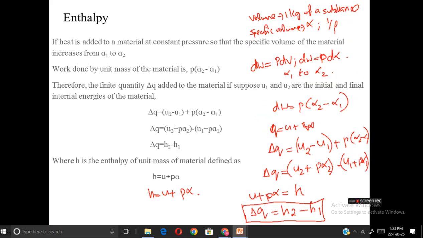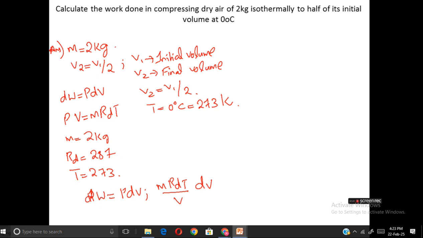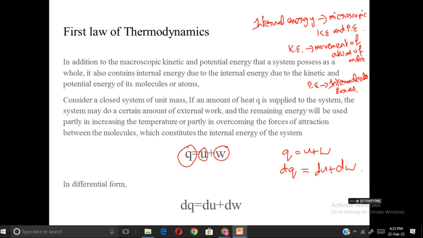The q we were discussing earlier was specific humidity, but here the Q I am implying is actually heat, the amount of heat supplied to the system.